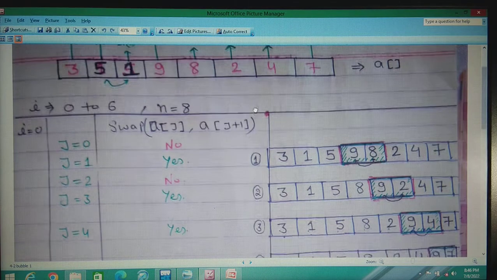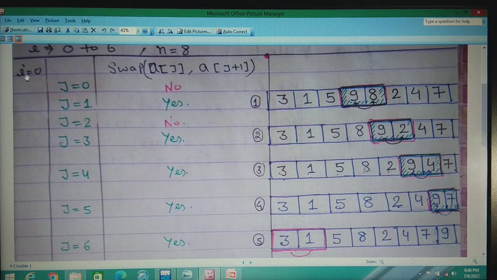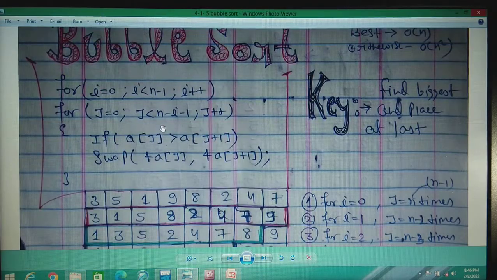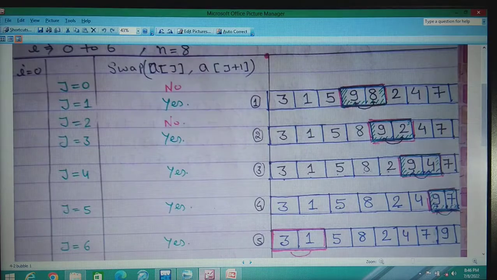Now when i is equal to 0, how many times will j work? When i is 0, this inner loop will execute one by one. At first j is equal to 0.